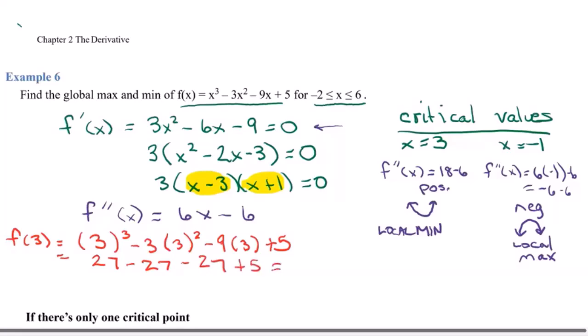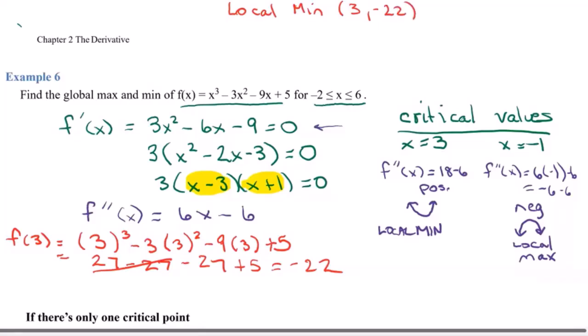So these cancel to 0, and we get -22. Okay, so we have now one point. We have a local minimum at when x equals 3, y equals -22.